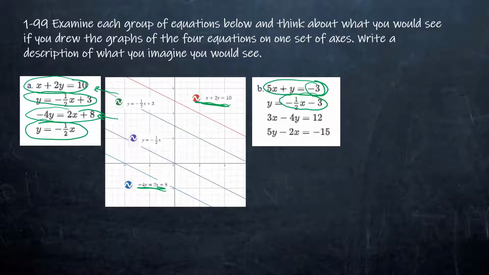If I move 3x over and then divide by 4, I'm going to be dividing by a -4 on the 12. That's going to give me a -3 as an intercept. And then if I move my x over, I'm going to have -15 divided by 5, and that's going to be a -3. So I have a feeling I have all of these equations at the same y-intercept.